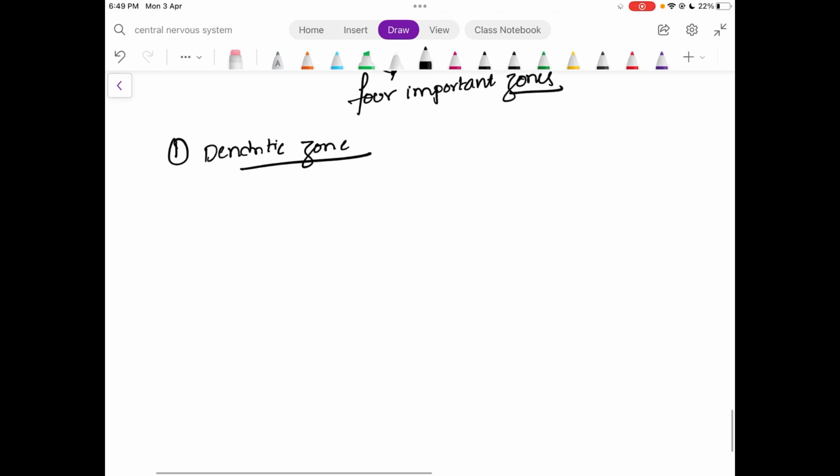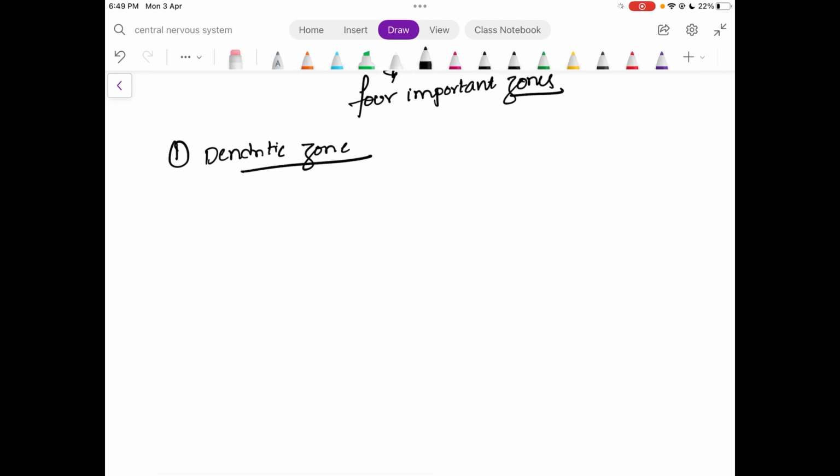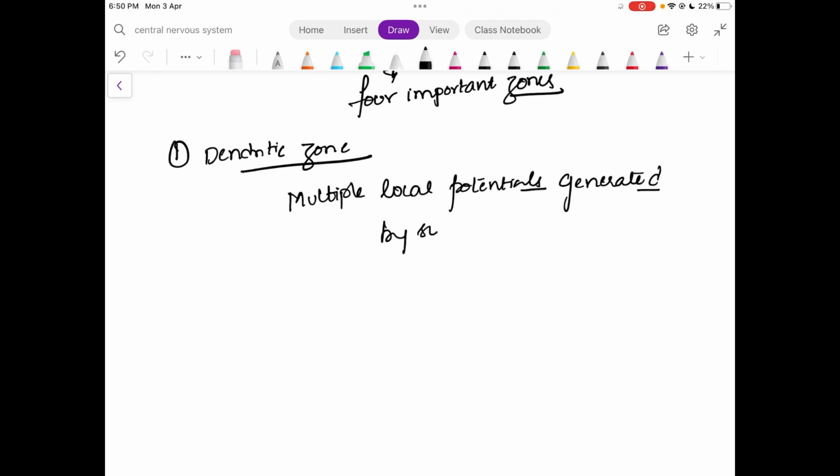What happens in the dendritic zone? At the dendritic zone, multiple local potentials which are generated by synaptic connections are integrated in dendrites.